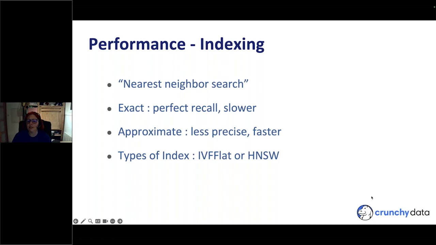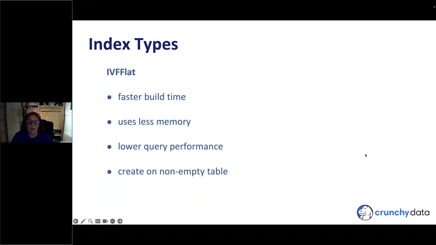So pgVector lets you create two different types of index, IVF flat or HNSW. Comparing the two, IVF flat takes less time to build than HNSW and uses less memory, but it has lower query performance. So that's in terms of the trade-off between speed and recall.